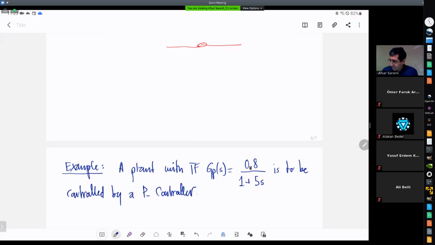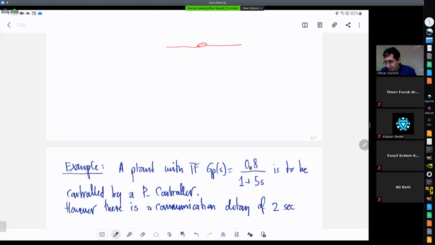However, there is a communication delay of 2 seconds in the control loop.